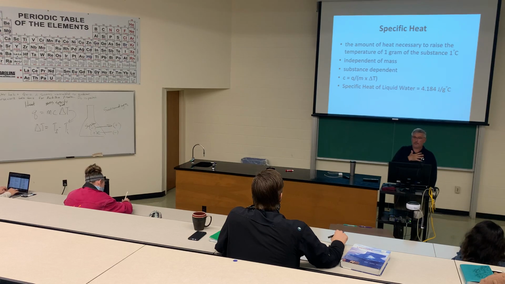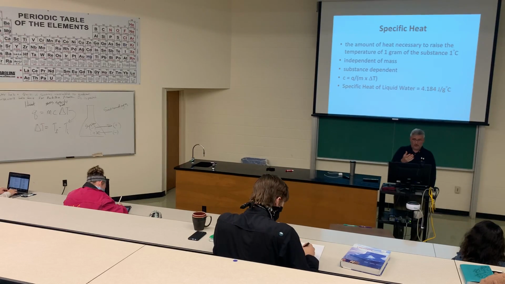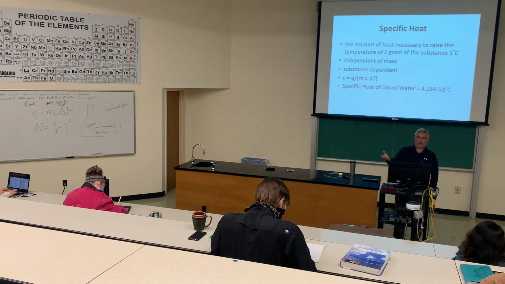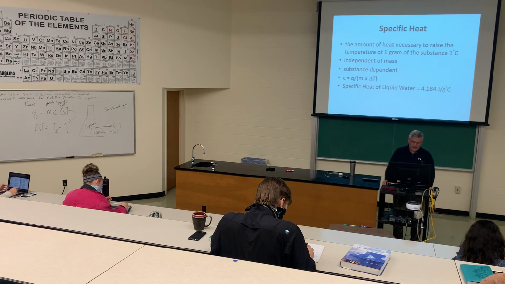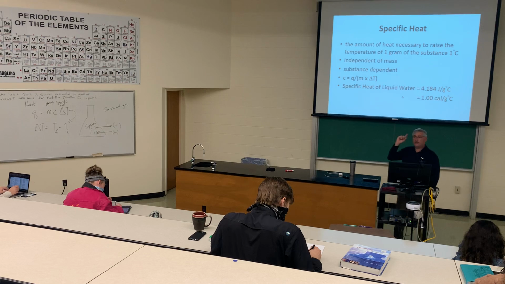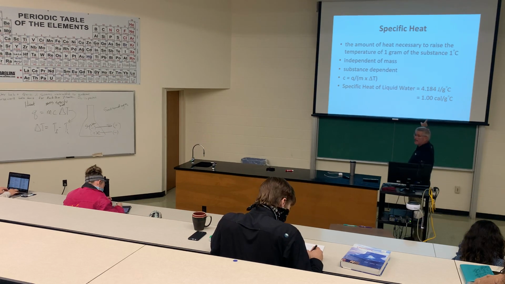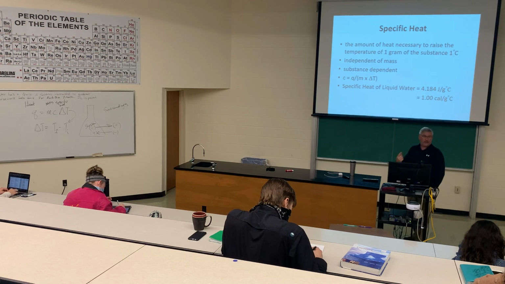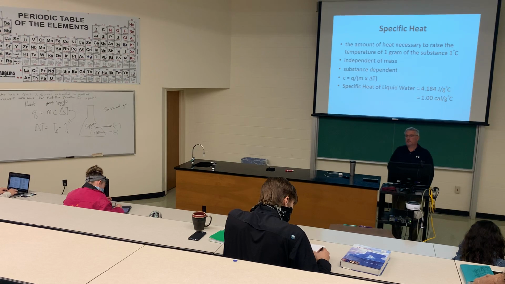Does that make sense? Right? The amount of heat that it can absorb before its temperature changes is different for the state that I'm in, or the phase that I'm in. All right, so for liquid water, it's 4.184 joules per gram per degree C, or if I'm working in calories, it's 1 calorie per gram per degree C. Cool?